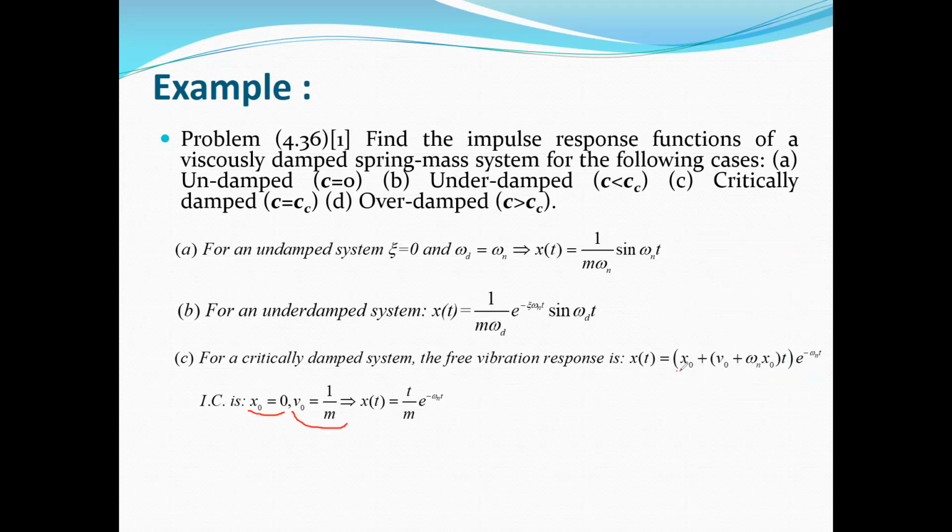Now if you substitute x naught equal to 0 and v naught equal to 1 divided by m, this term is 0, this term is 0, and we will only have 1 divided by m multiplied by t multiplied by this exponential term, which is t over m exponential minus omega n t. So you can see this is the response of a critically damped system subjected to an impulse with magnitude unity.